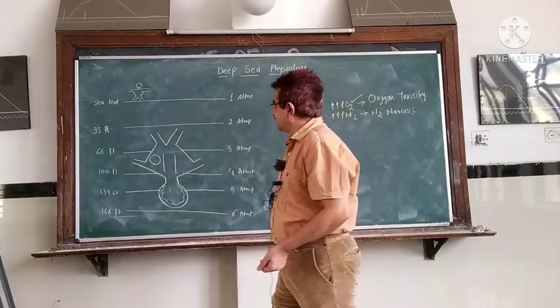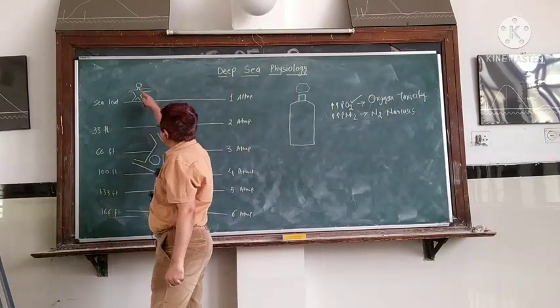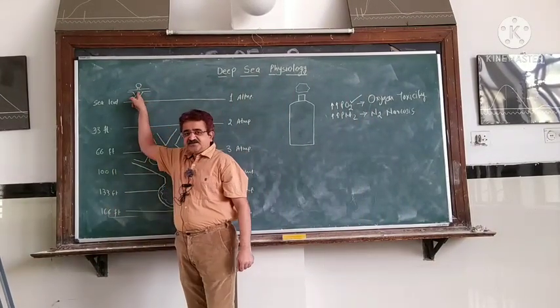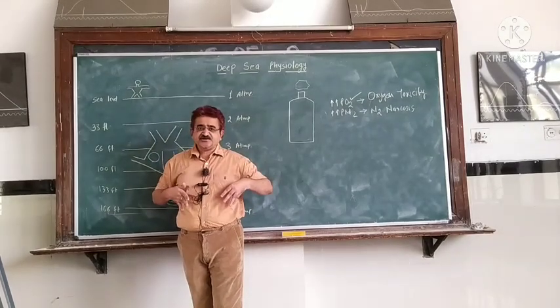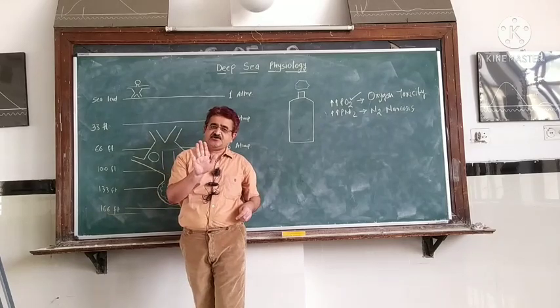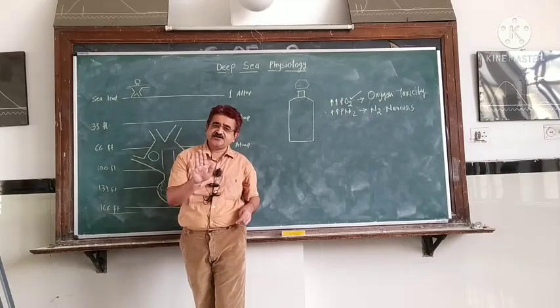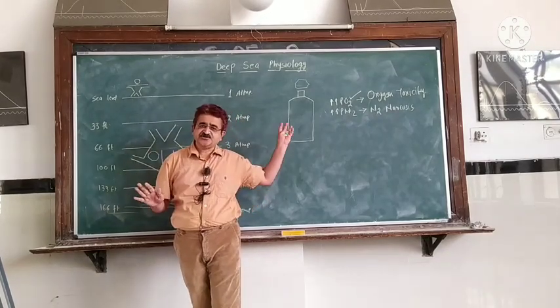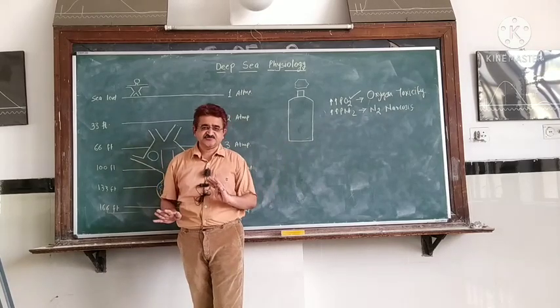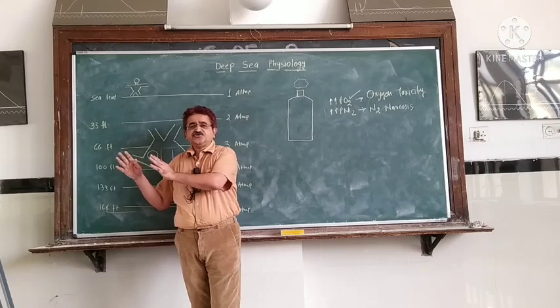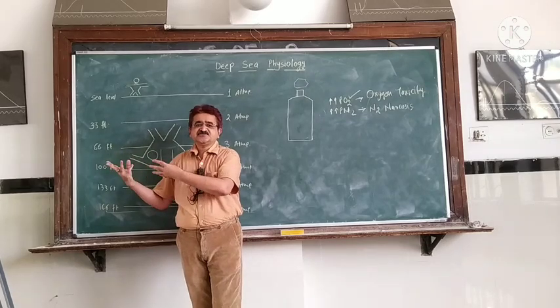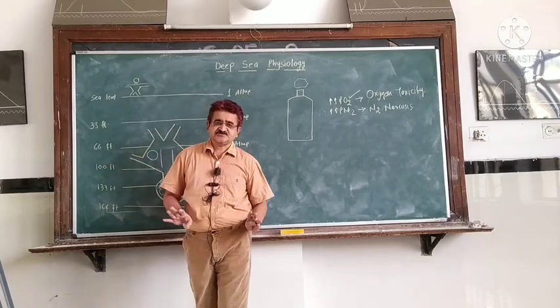Now, before that, when a person is at sea level, the cells of our body consume 5 ml of O2 from every 100 ml of blood. We have already discussed this in oxygen transport. Out of this 5 ml of O2, the majority is utilized by the cell for its metabolism.